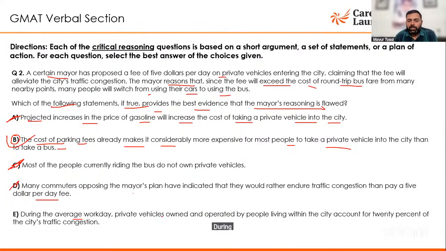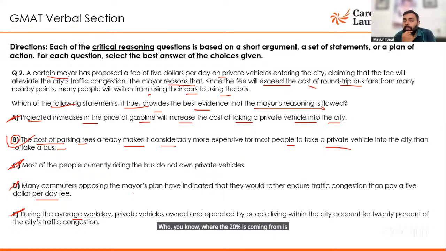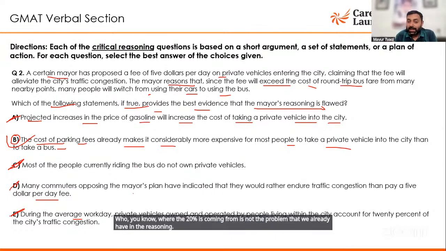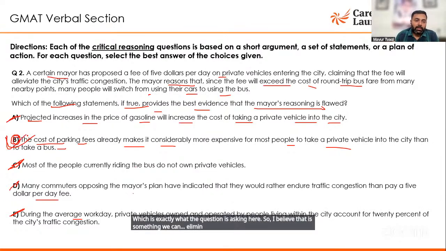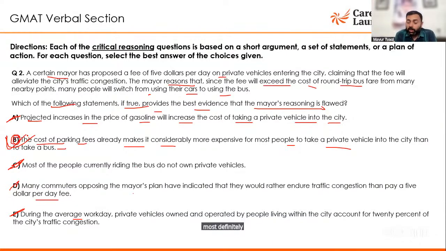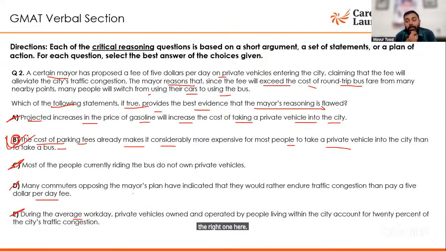During the average workday, private vehicles owned and operated by people living within the city account for 20%. Where the 20% is coming from is not the problem that we already have in the reasoning, which is exactly what the question is asking here. So I believe that is something we can eliminate. B part, most definitely the right answer choice. I hope that's clear to everyone, guys. Do we understand the right one here? Any challenge? Great.